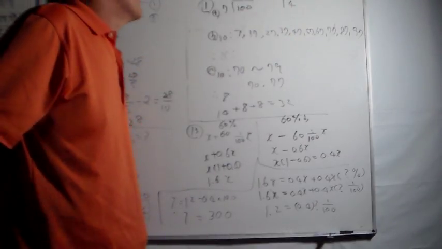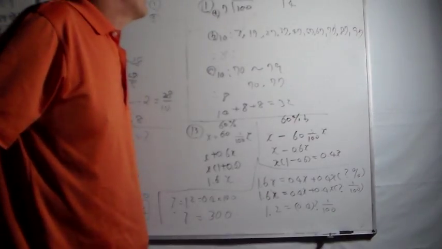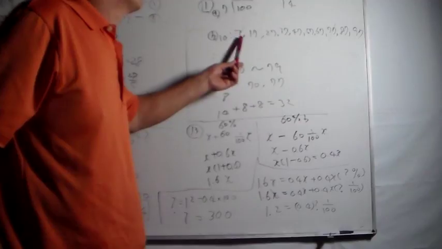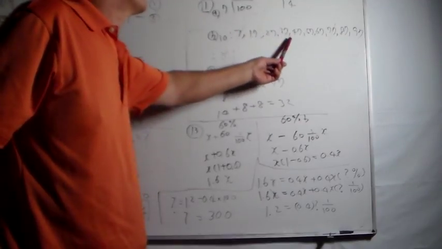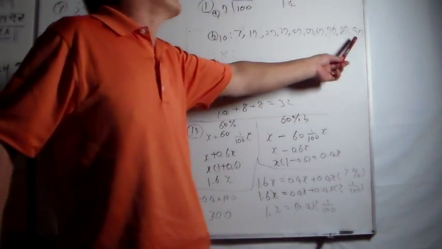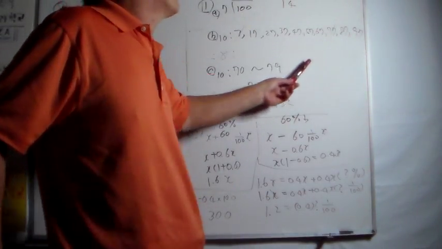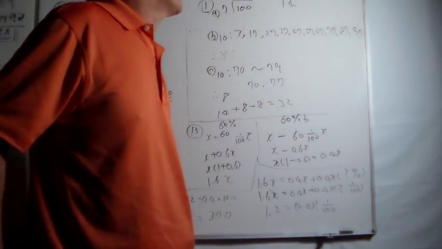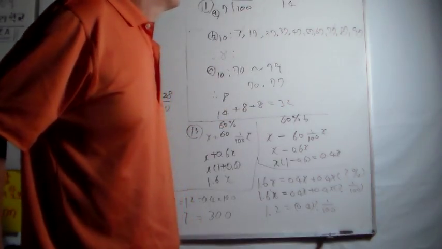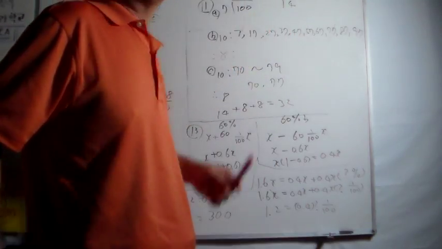Also, any number that has a 7 in it: 7, 17, 27, 37, 47, 57, 67, 77, 87, 97. So we have to cancel out 7, 77, because these numbers we already used from equation 1.